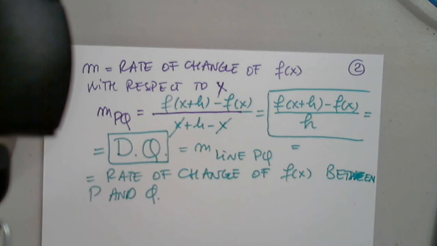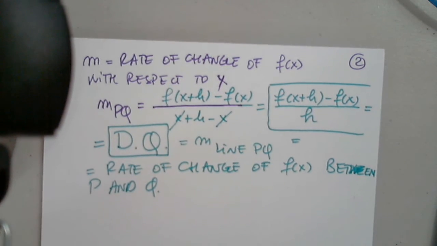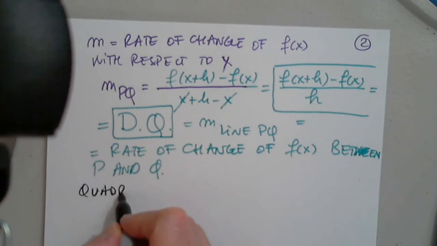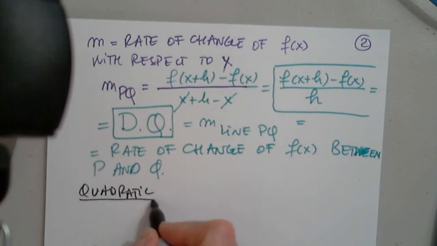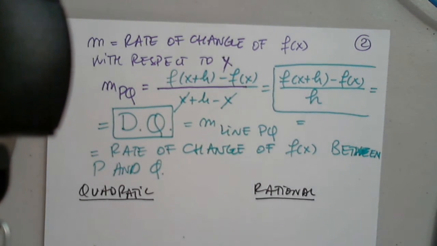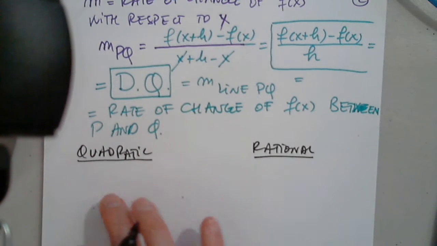Or you can just make one up. So make up a quadratic function for me. So let's start with a quadratic, and then a rational. Any function you can think of that is quadratic, any that is rational. And let's determine the difference quotient for each.